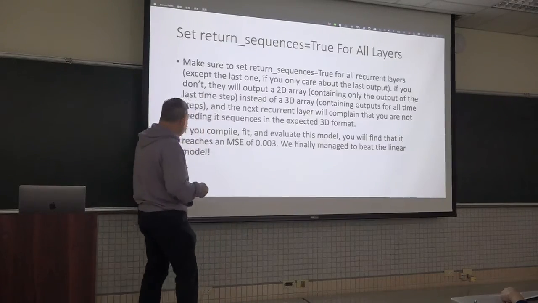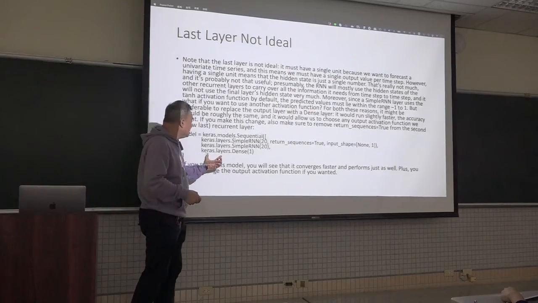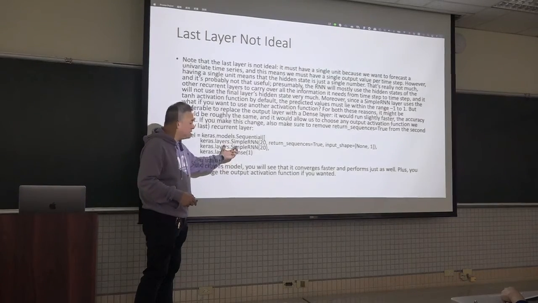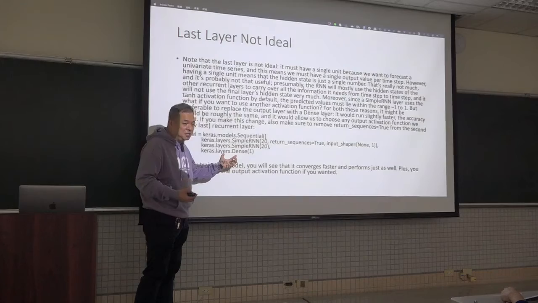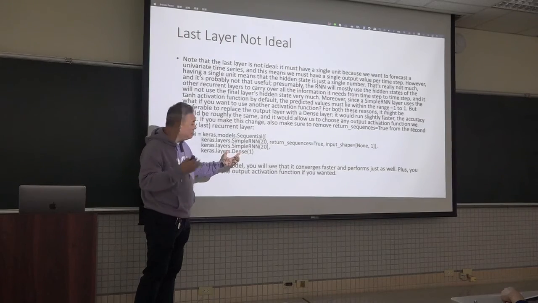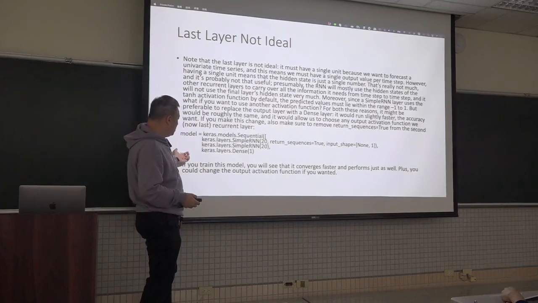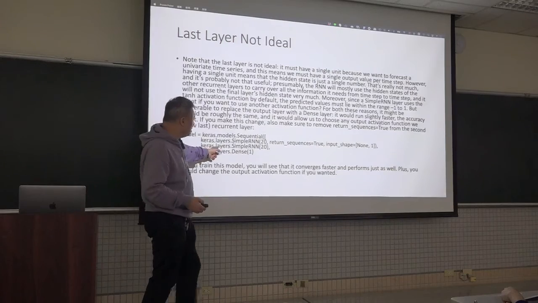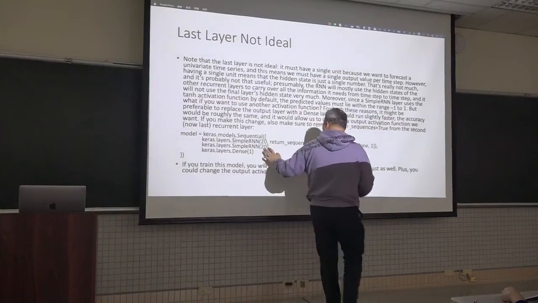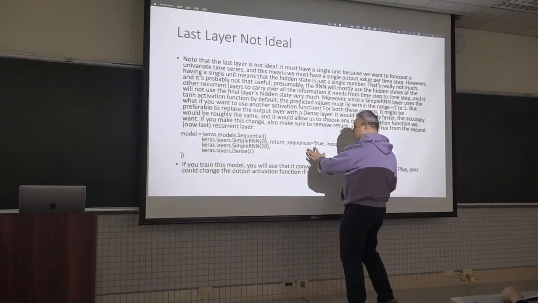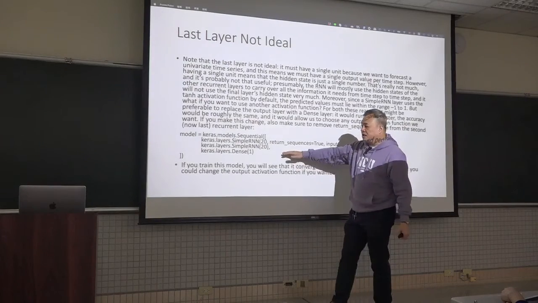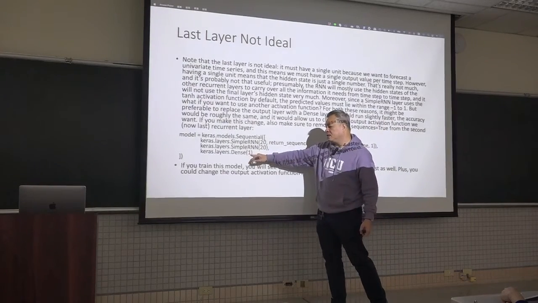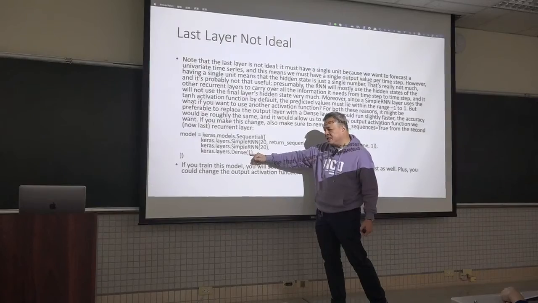But this one, because it's a dense layer, does not expect the previous layer to give it a sequence. So we don't need to set the previous layer's return sequence equal to true here. And we also only need one neuron in the dense layer.